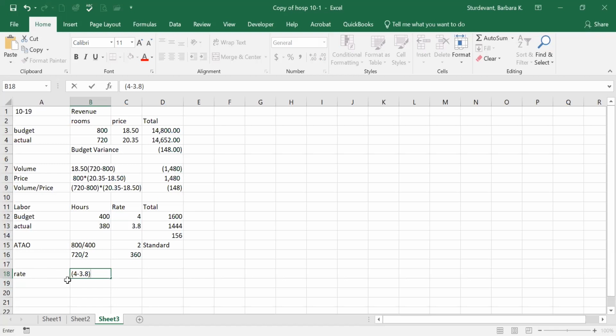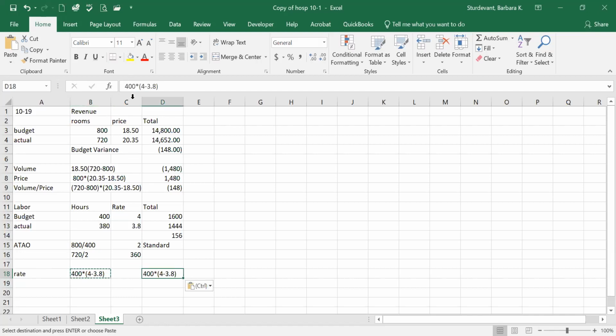And then we would multiply that by our budgeted other, which would be our hours. So with our rate variance, okay, rate variance, we did okay.